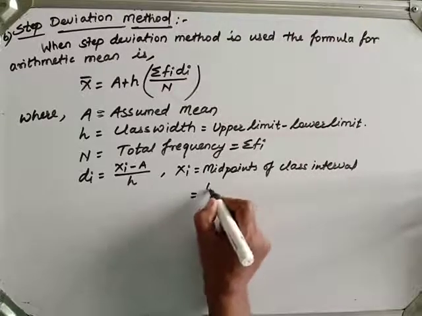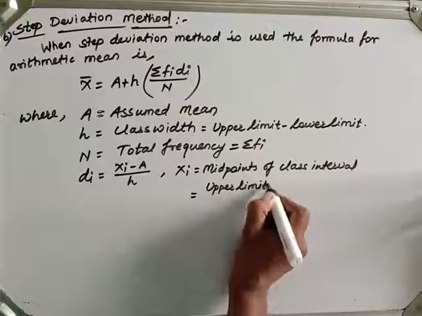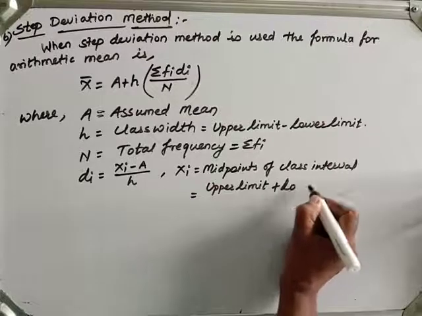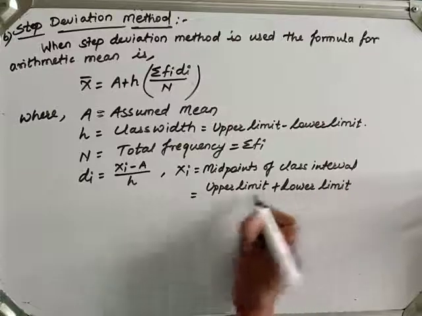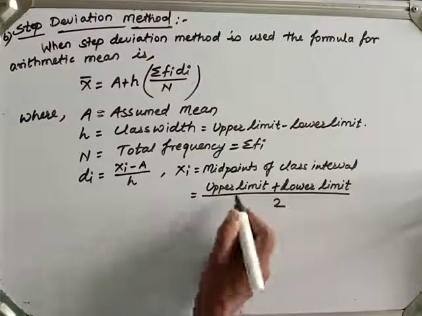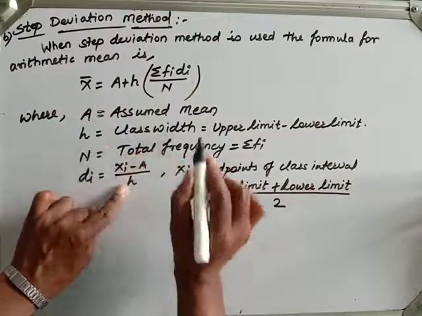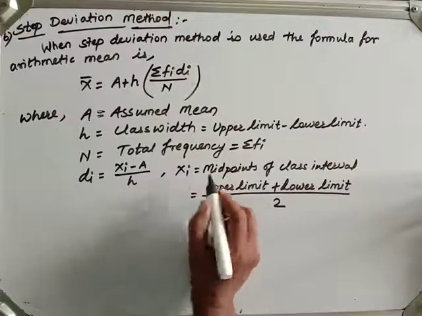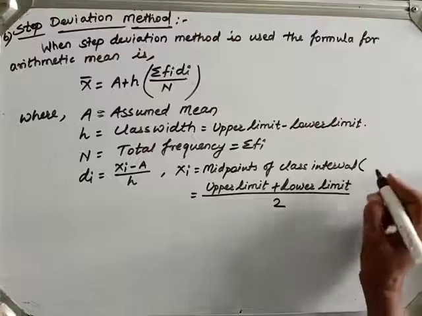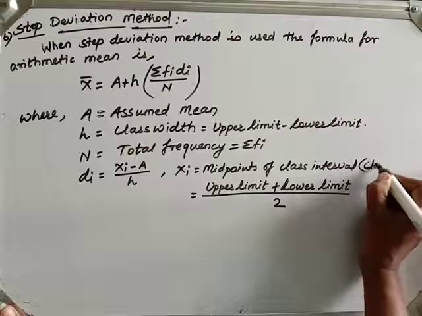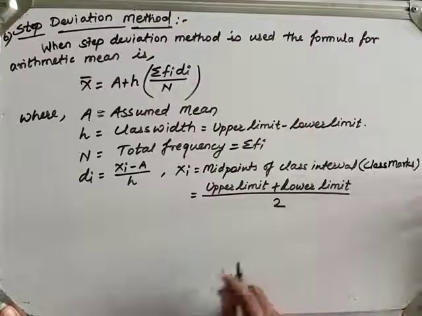You know the formula for that: upper limit plus lower limit upon 2. A is the assumed mean and h is the class width. Another name for xi is class mark.